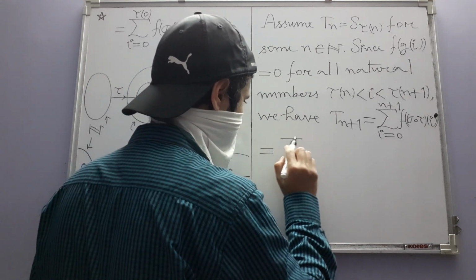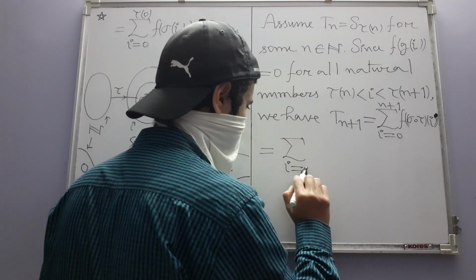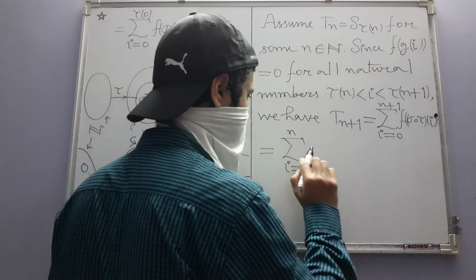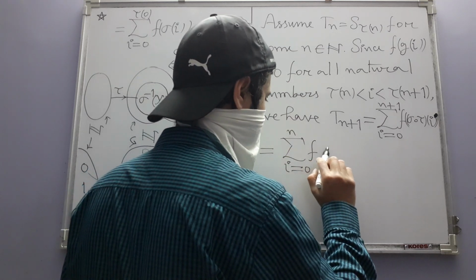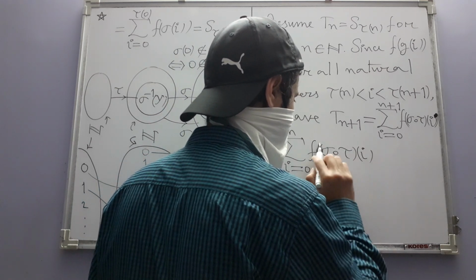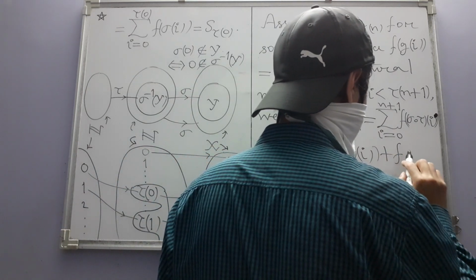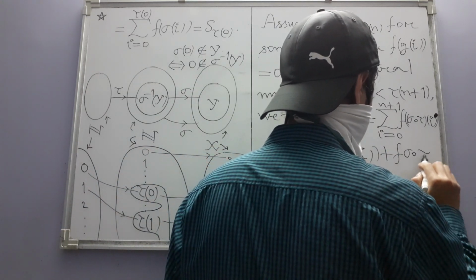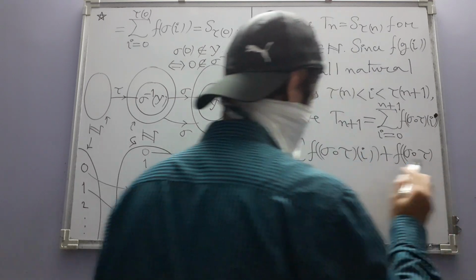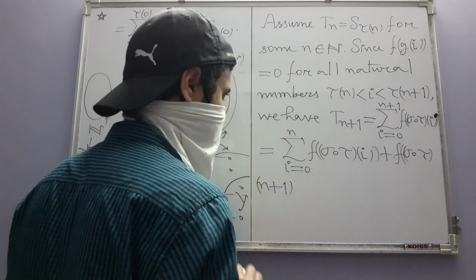So now this becomes what? Summation I equal to 0 to n f of sigma composition tau of I, plus f of sigma, won't have space here, but let me continue like this, at n plus 1.